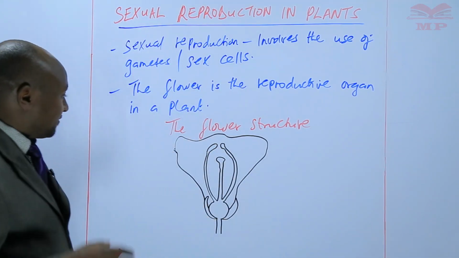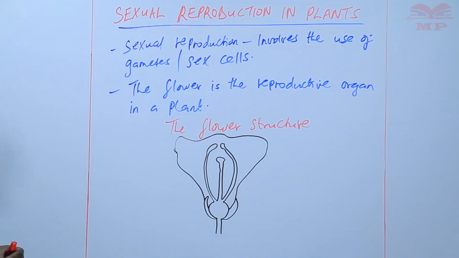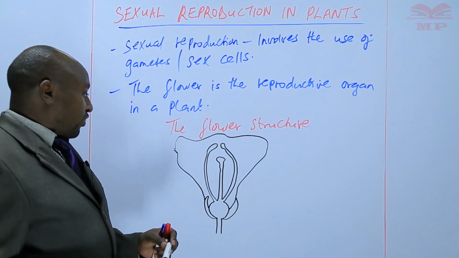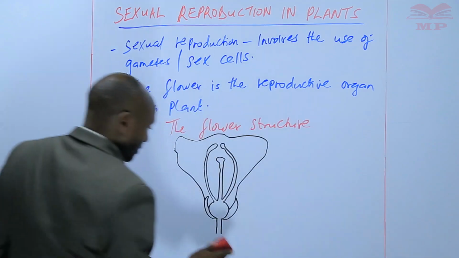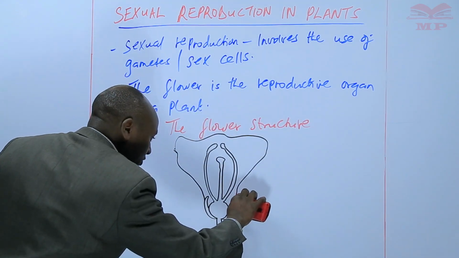So basically we have a diagram of a flower showing both the external parts and the internal parts.